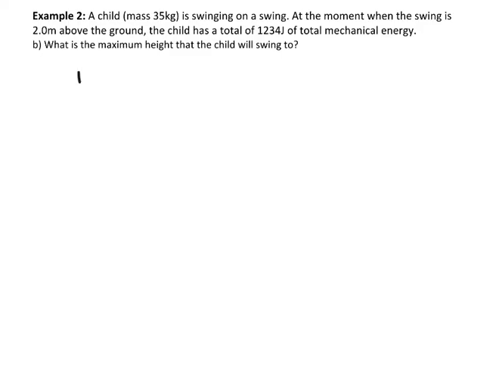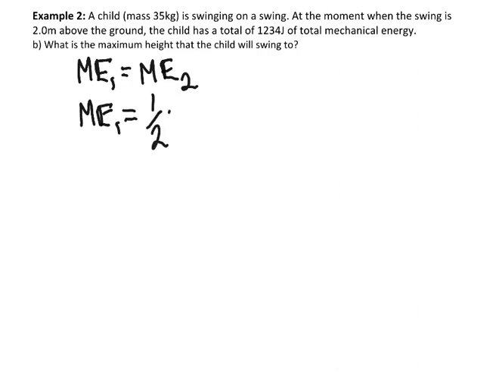Now in general, remember our mechanical energy conservation equation is this: ME1 equals ME2. Now just based on what we're given here, it probably makes sense to leave the left side just ME1 and write this side as being split up into its parts. So the kinetic energy, a half m v2 squared, plus the gravitational energy m g y2.